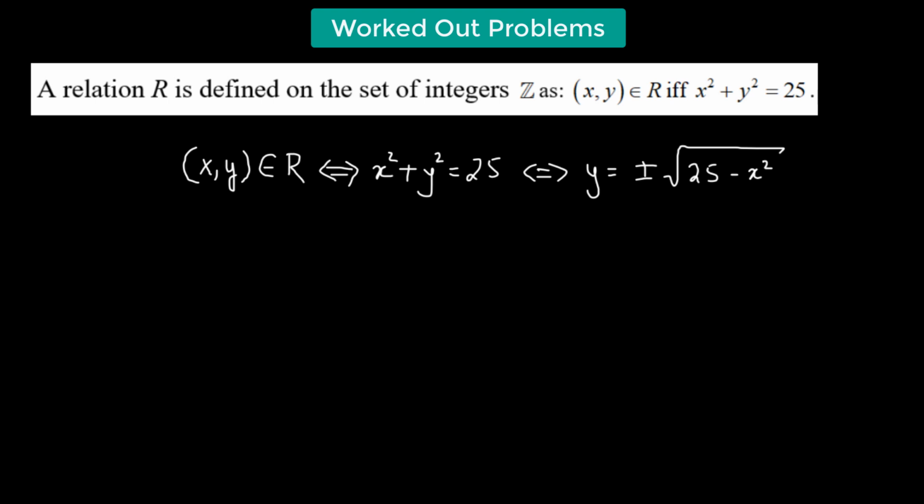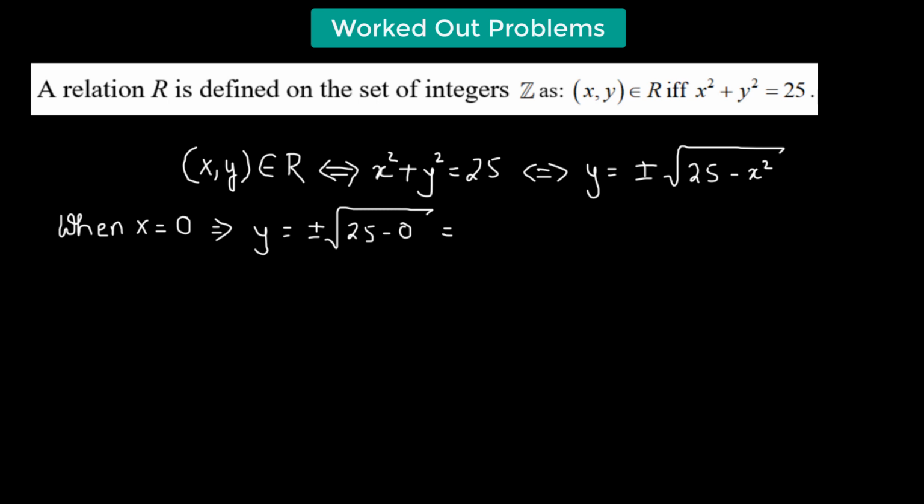Now we're going to consider different integer values of x. So let us consider x equals 0, the first integer value. So that should give us y value as plus or minus the square root of 25 minus 0 squared.